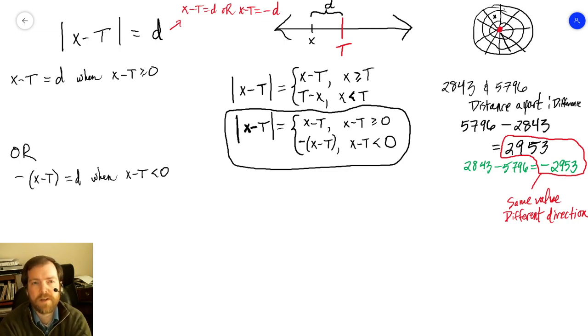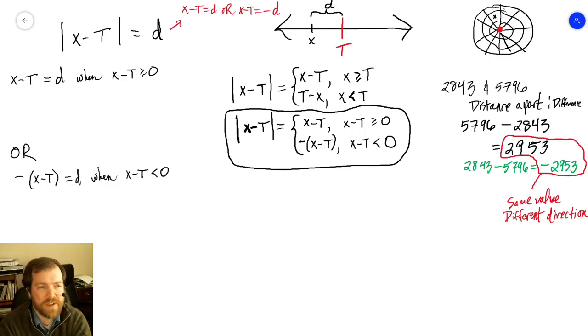So instead of saying that the stuff on the inside is a positive d and the stuff on the inside is a negative d, we could rearrange this as I did here and go more by the definition of what absolute value really means. So take the stuff on the inside, just do the subtraction if it's positive, and switch its sign if it's negative. Anyway, I prefer this, obviously. That's why I'm doing this whole thing.